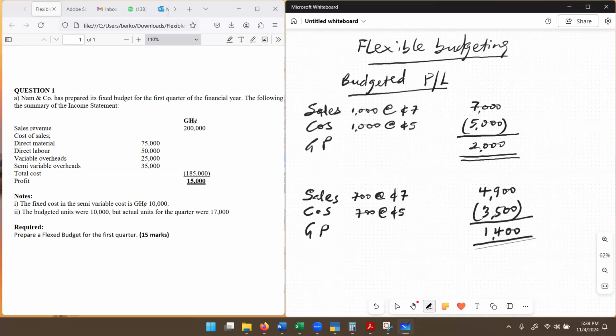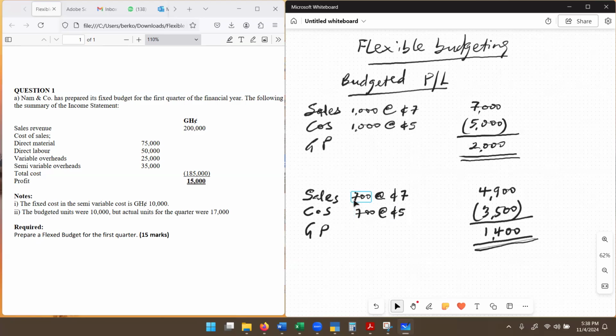So when we budget like this, we call that entire process flexible budgeting. So we have an initial original budget. That is a flexible budget. It is flexible because we will always revise it when the activity level changes. And so the activity level has changed from the initial plan of producing and selling 1,000.